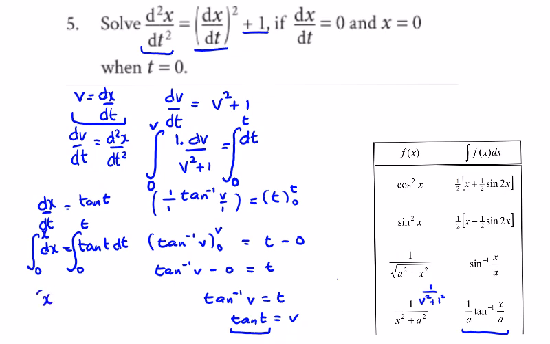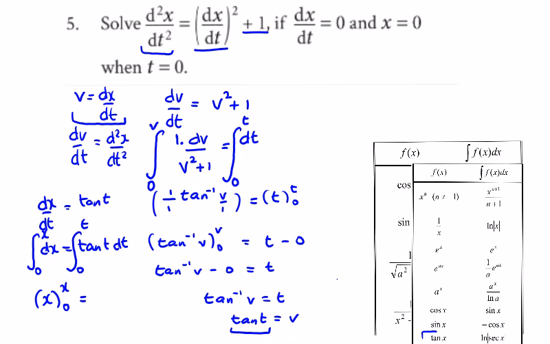So we're going to get the integral of dx, which is x between x and 0, equal to the integral of tan t. Well, let's see what tan becomes. So you can see from the bottom, tan t becomes the natural log of secant, so this is going to give us the natural log of secant t in this case.